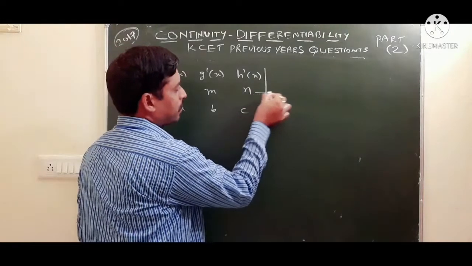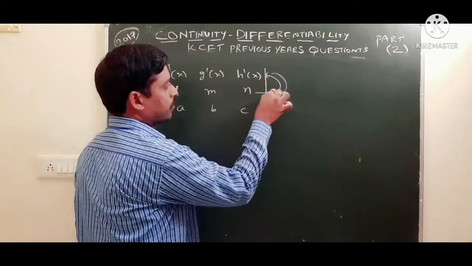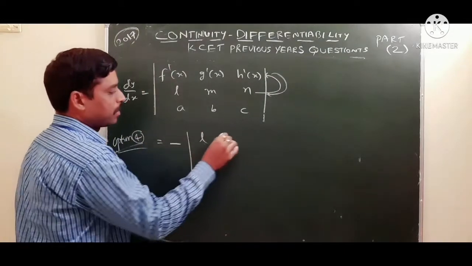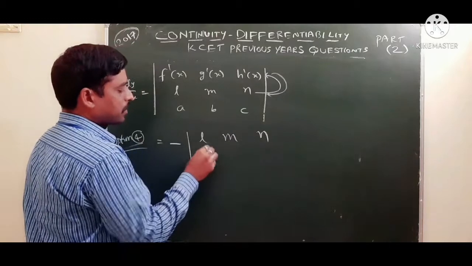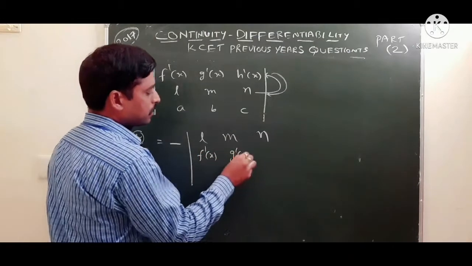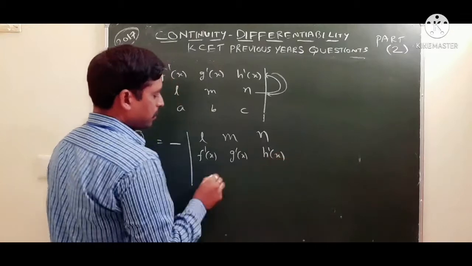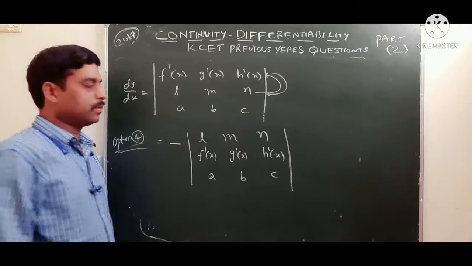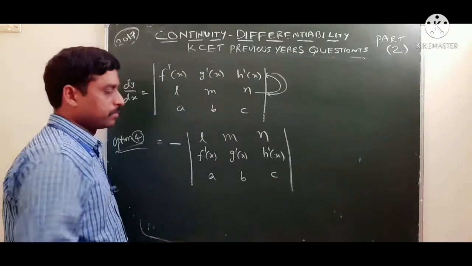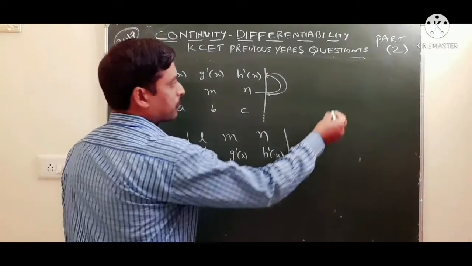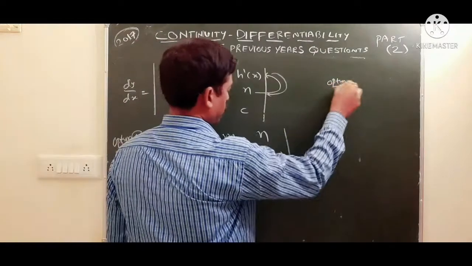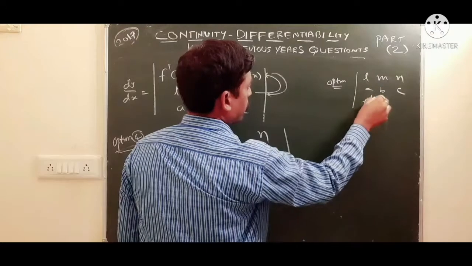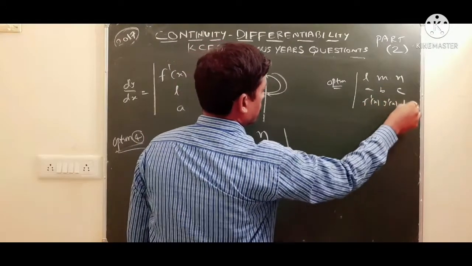First we interchange the first row and second row, and the sign will be changed: minus of L, M, N, f dash x, g dash x, h dash x, and A, B, C. But option 4 is L, M, N, A, B, C, f dash x, g dash x, h dash x.